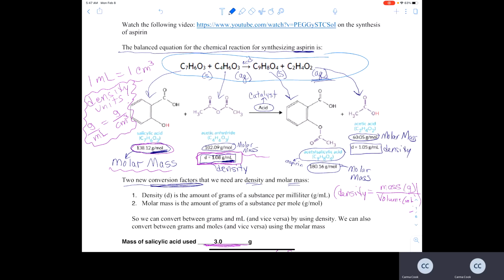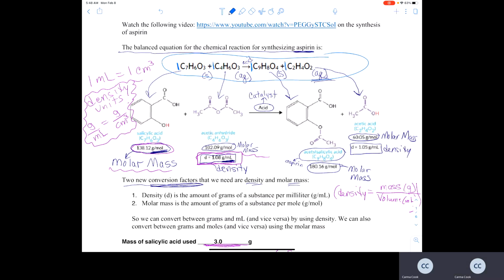So just as when there's no subscript in the formula denoting how many atoms, then it's understood that there's just one. Same thing for coefficients in front of a reactant or a product in a chemical reaction. If there's not a coefficient, then it's understood to be one.